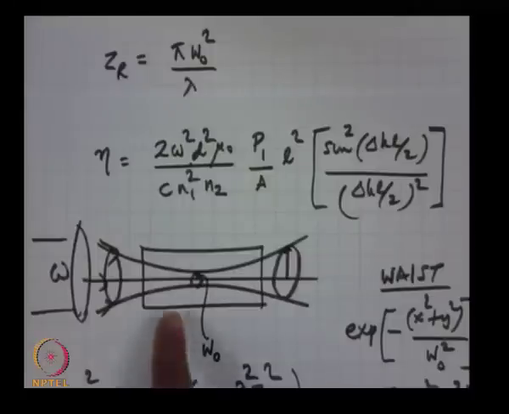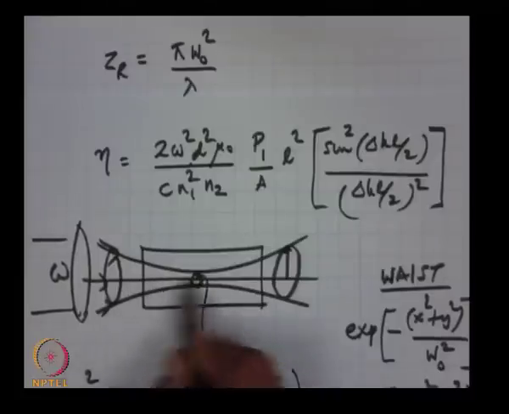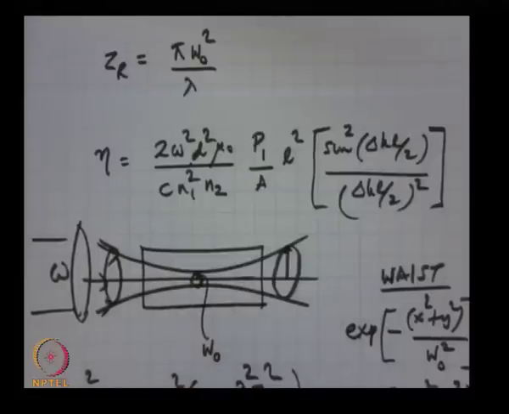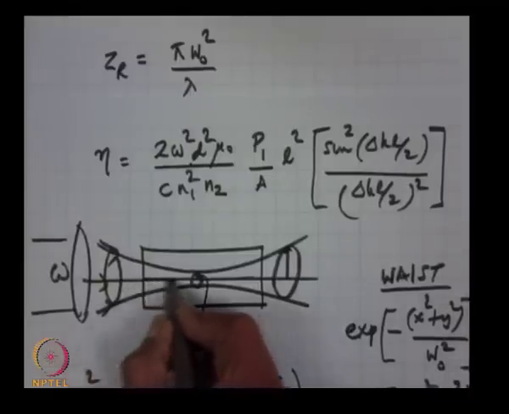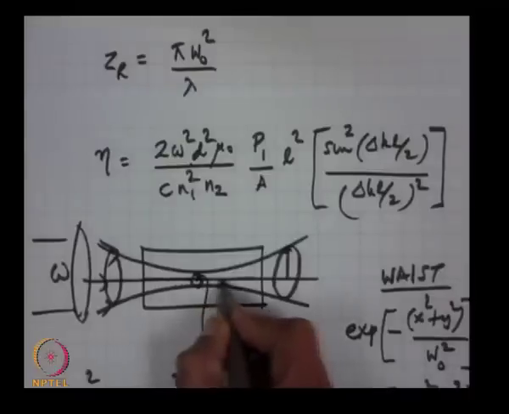Now, in a focused beam like this, the intensity is varying as a function of Z. In a plane wave, the intensity of the fundamental does not vary with Z because it is not getting focused. Here the beam is getting focused, so the intensity starts from some value here, is maximum at this point, and then starts to decrease again here.